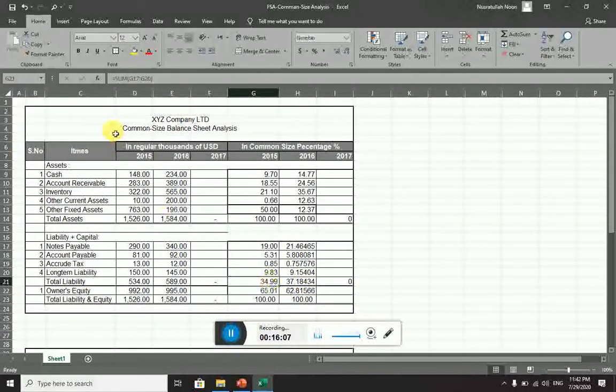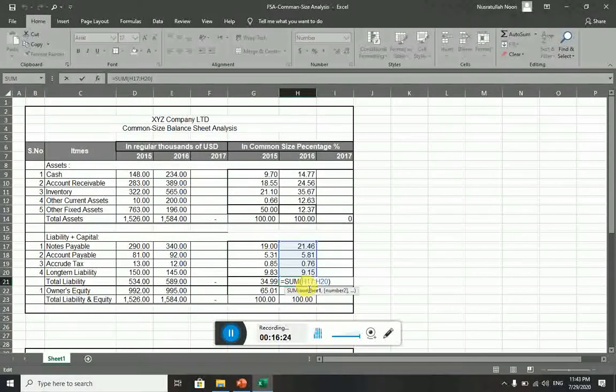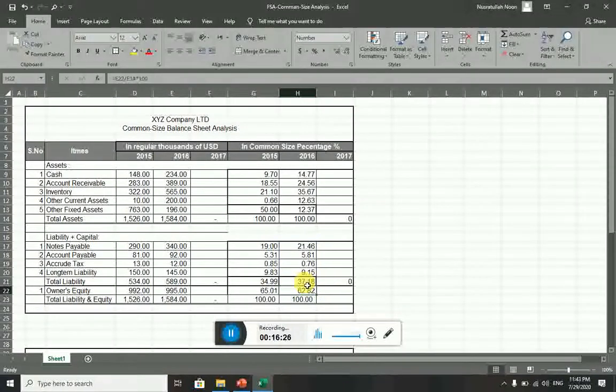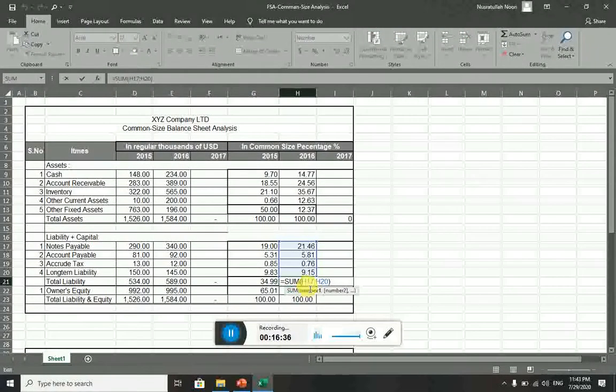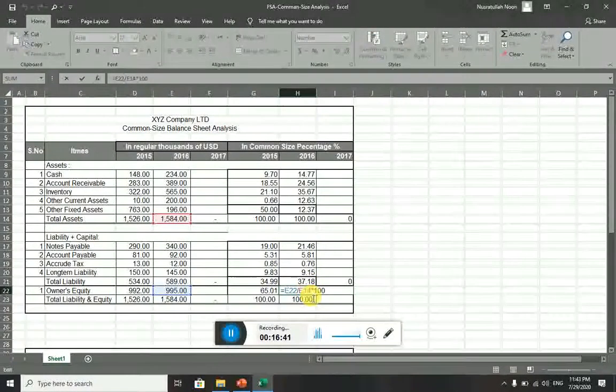So total liability, all right. Here I did not use the formula for total liability because total liability itself is a total. So I found the total percentages of the liability accounts. Then I found the percentage of the owner's equity.